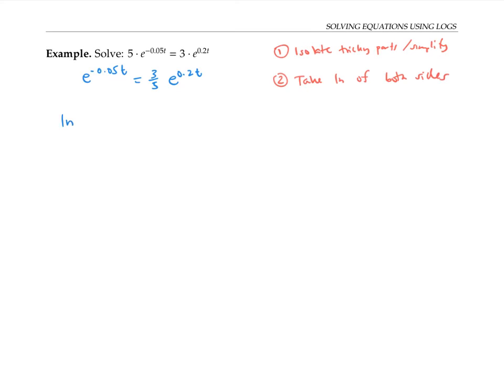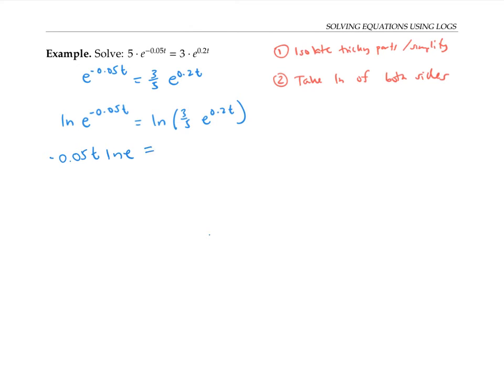So that gives me ln of e to the minus 0.05t is equal to ln of 3/5 e to the 0.2t. Now on the left side, I can immediately use my log rule to bring down my exponent and get minus 0.05t ln e.